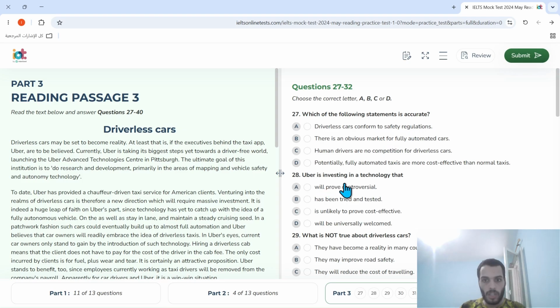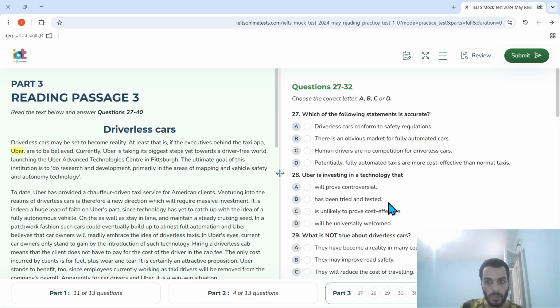Okay, O bar is investing in a technology that will prove controversial, have another identity, universally improve cost effect.